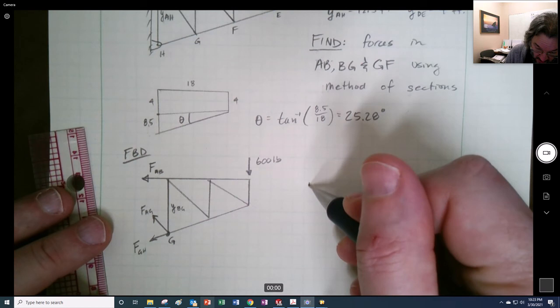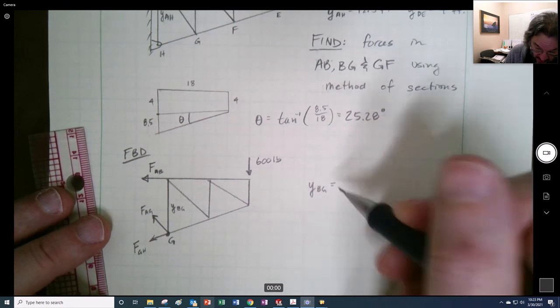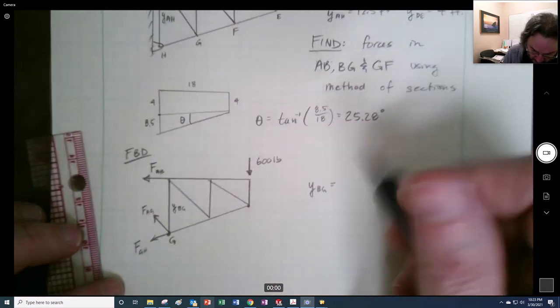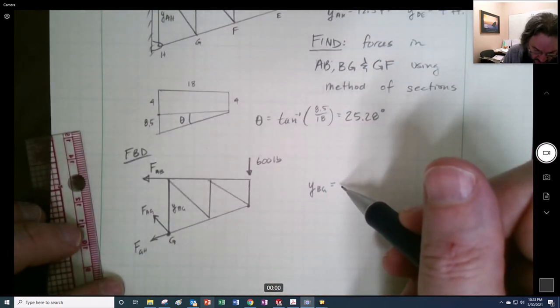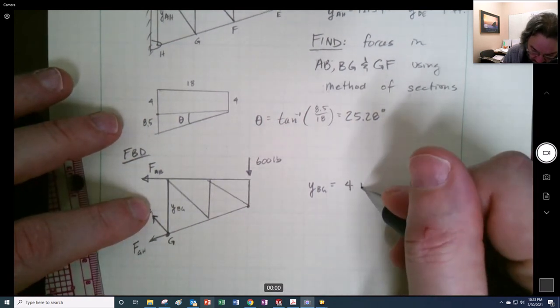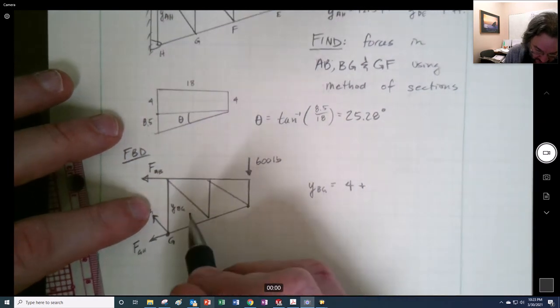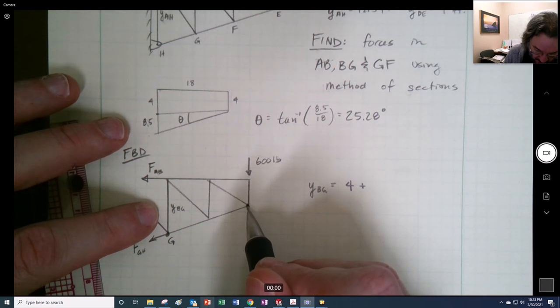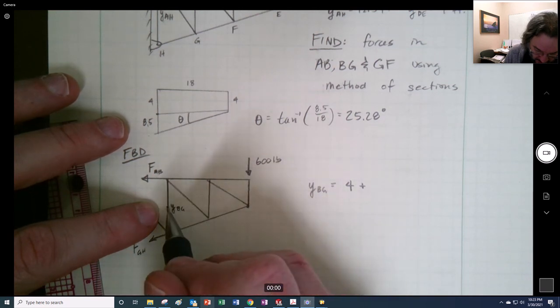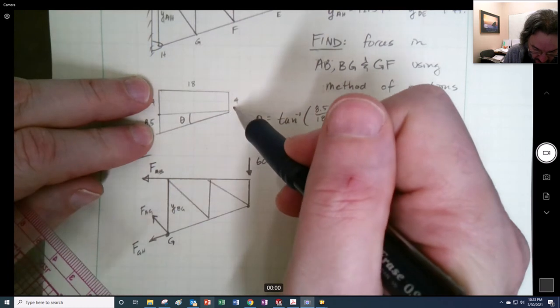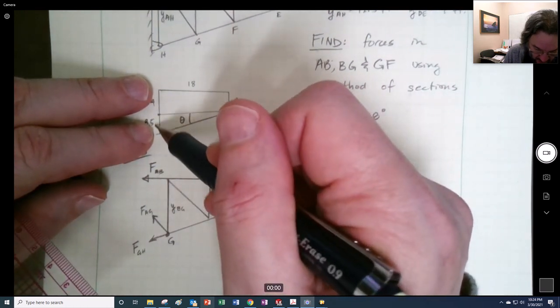All right, so YBG, and I have to think off the top of my head here as I'm going through this, is going to be this 4 plus whatever that's going to be.